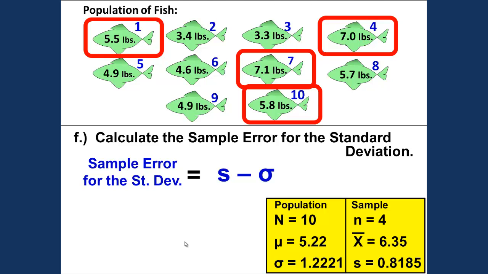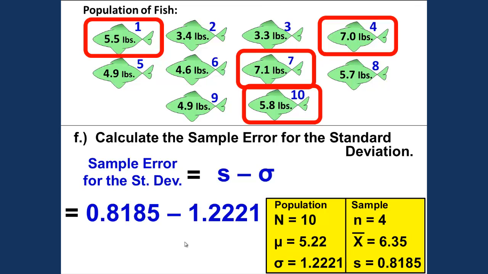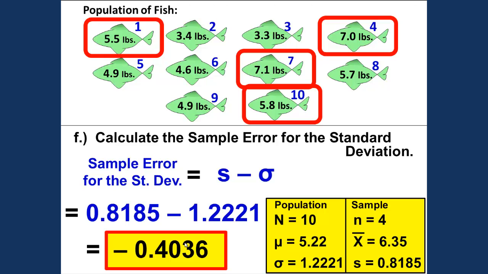Again, our results from our previous problems. So we will subtract 0.8185, the sample standard deviation, minus 1.2221, the population standard deviation. This gives us a negative 0.4036.